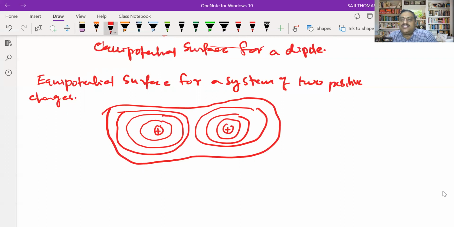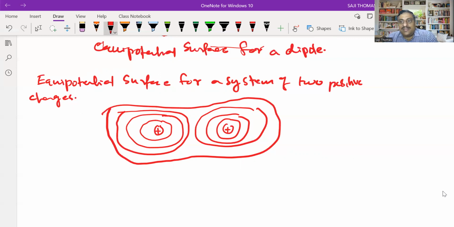So what are equipotential surfaces? What we learned is that it is a surface of equal potential. Potential will be the same at all points of the surface. We have drawn the equipotential surface for a point charge. It is spherical in shape, concentric spherical surfaces.